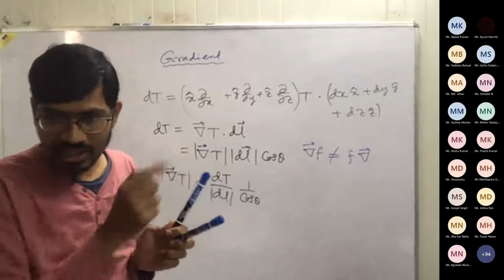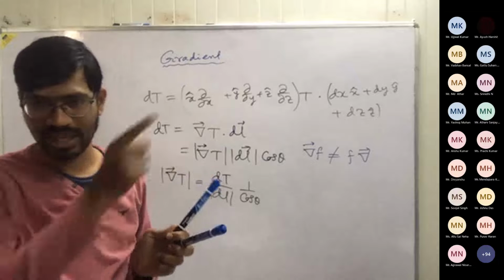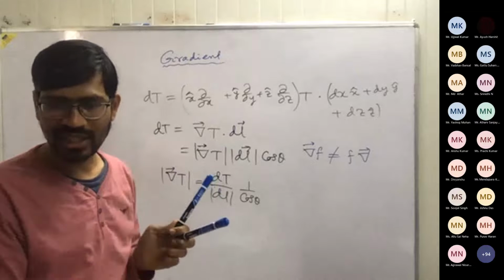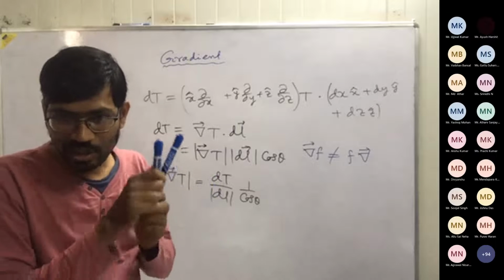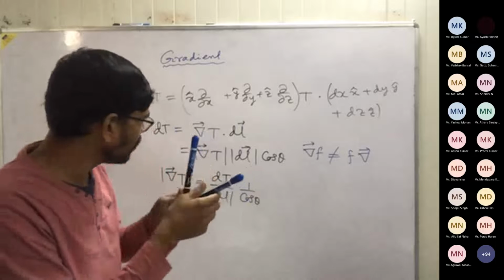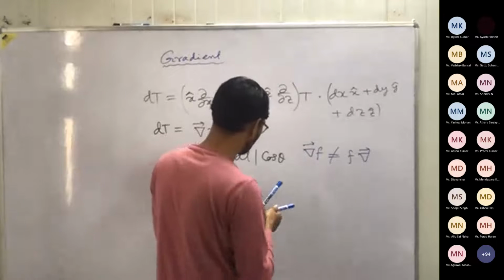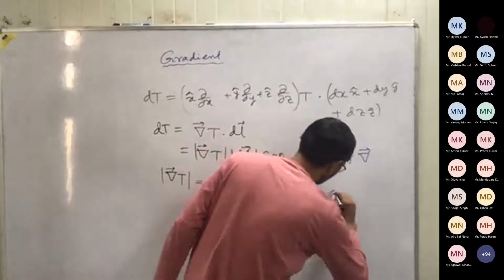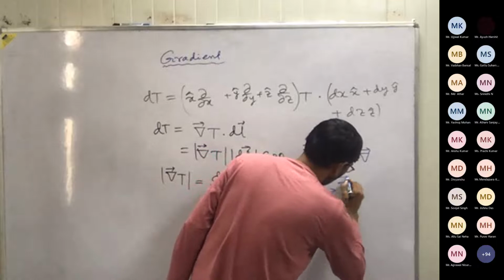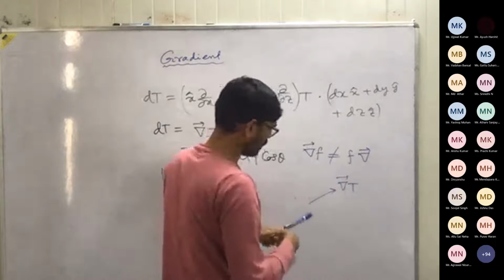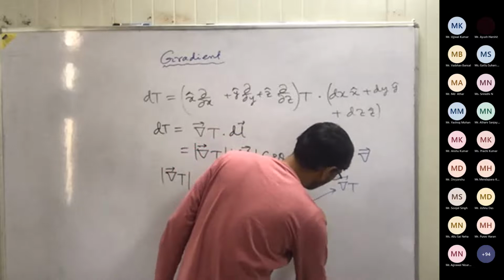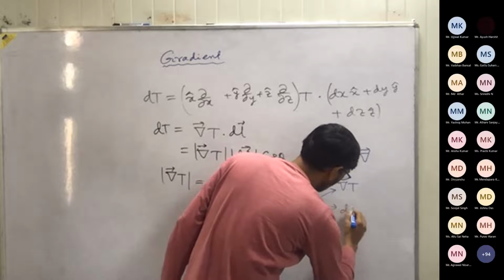So dl is your direction, an arbitrary vector. Let's say this is your grad T vector, and this is your dl vector.